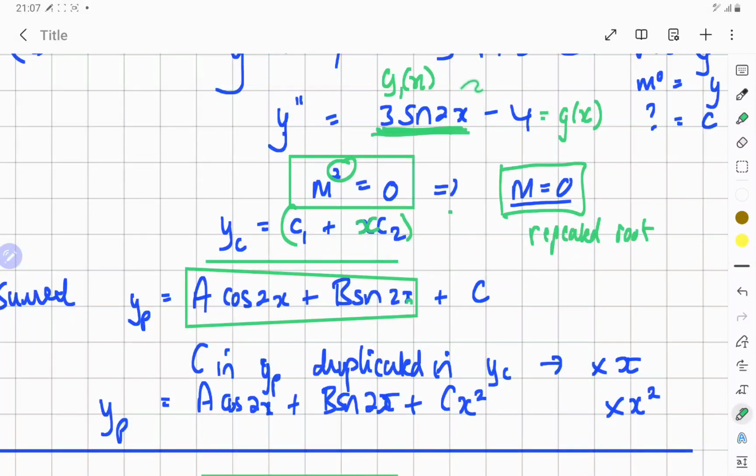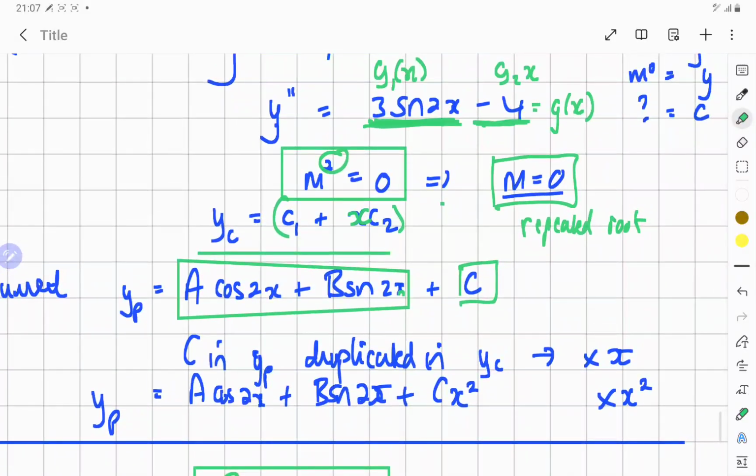And please remember, this angle is 2x, so we'll have 2x and 2x here. Now just make sure you understand this. g2(x) is my -4. Recall from the table, it's a constant, so the assumed particular form will just be a constant.